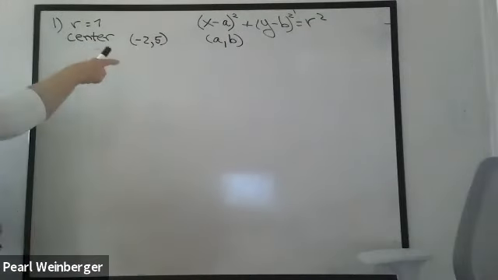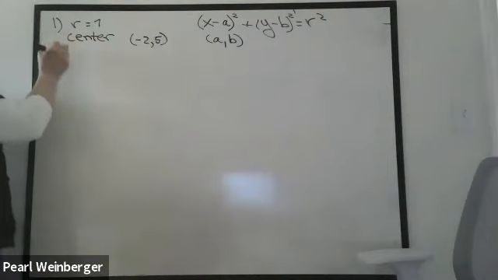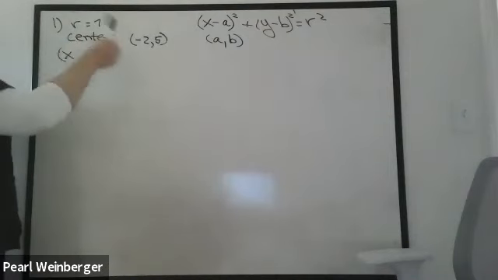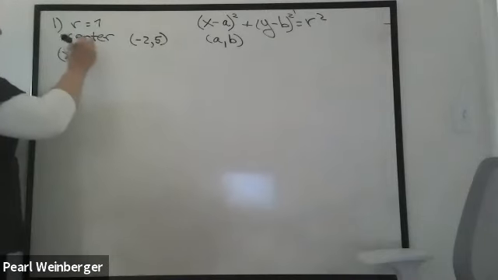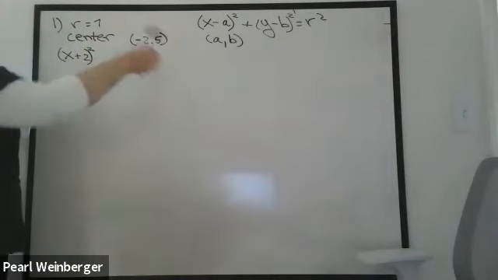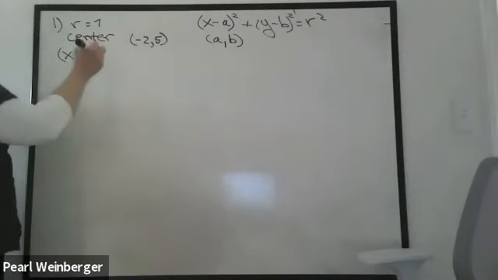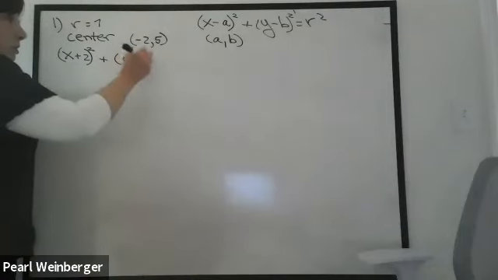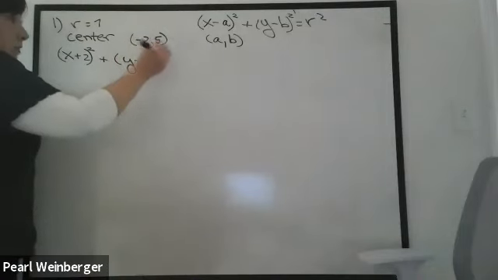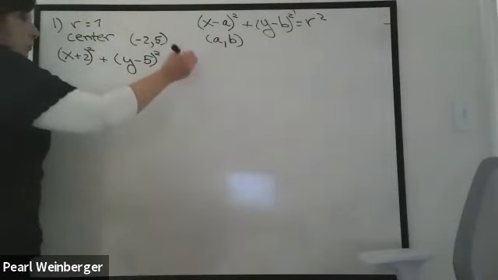So if we know that the center is -2, 5, what we're going to be doing is x minus the -2, which becomes +2. In other words, we change the sign of the center, plus y minus 5 squared. That equals r squared, which is 7 squared or 49.